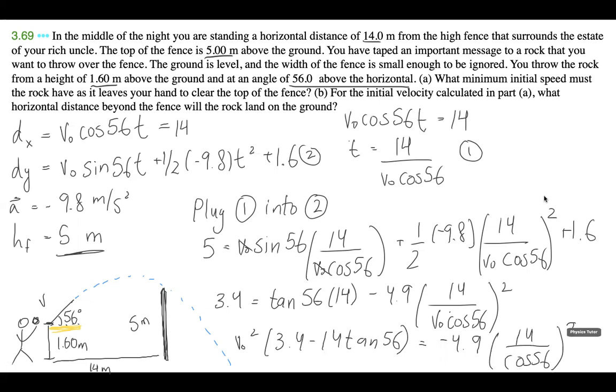When I plug this into my calculator, the value that I get for v naught is 13.3. That's what you should get.